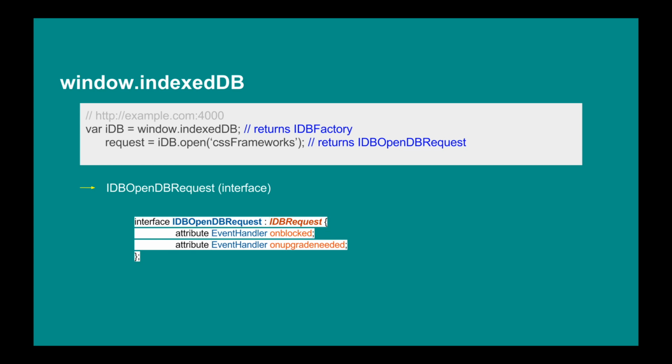And I would like to stress one more point here. The application is a requester, and the browser is going to be a responder. I don't want to call it a server. Let's call it a responder. So whenever the application requests anything to IndexedDB, the responder is going to respond back asynchronously.